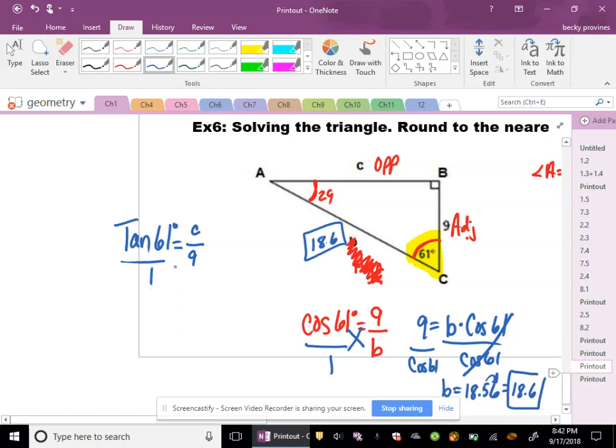So let's cross multiply. C times 1 is C. Then you have 9 tangent 61. So let's type it in. Cell phone calculator here, 61, hit the tangent button, times 9, enter. 16.2.